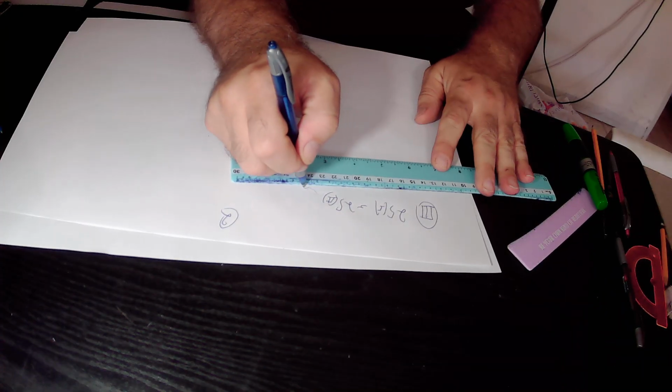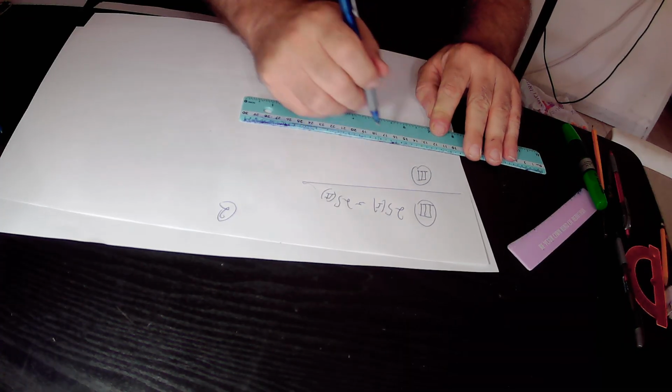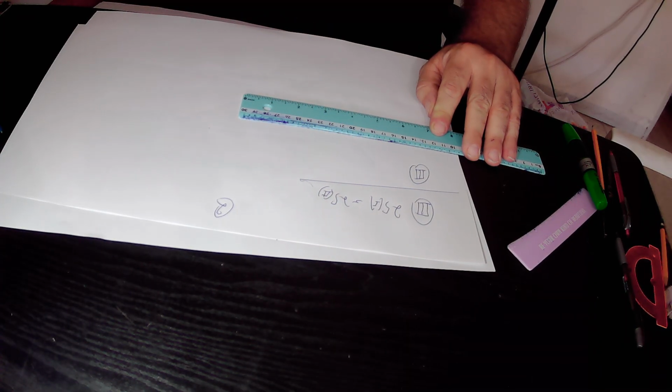So 25 according to equation 1 equals A squared plus A minus X squared.